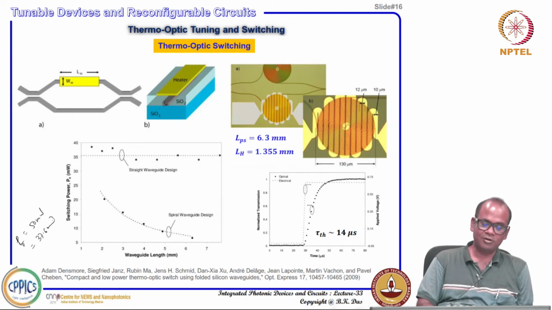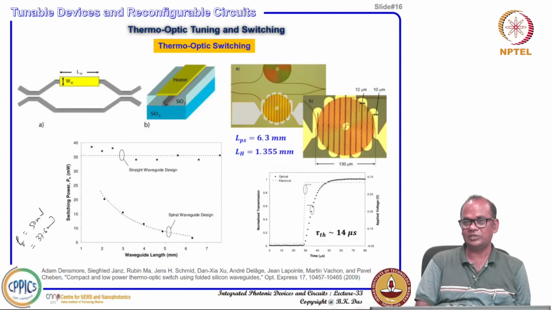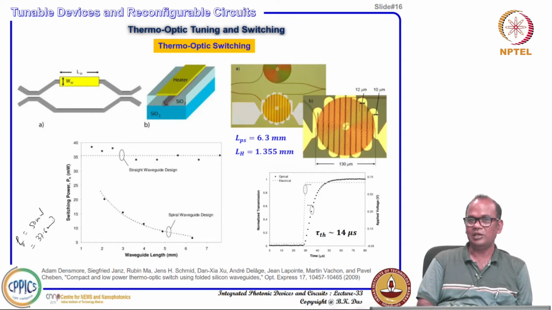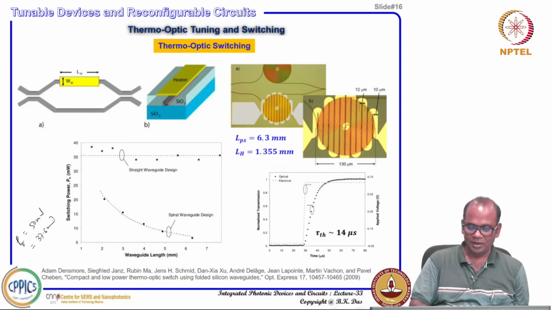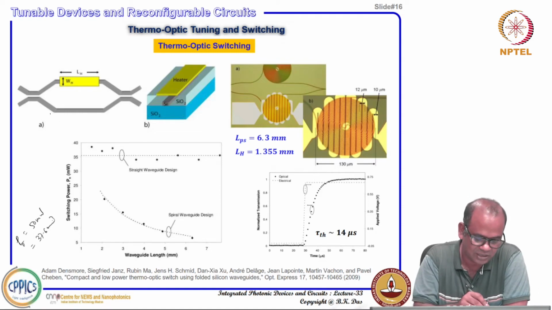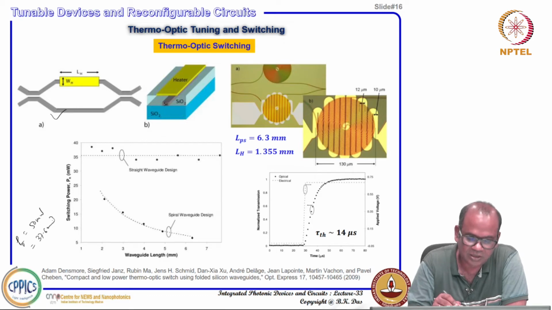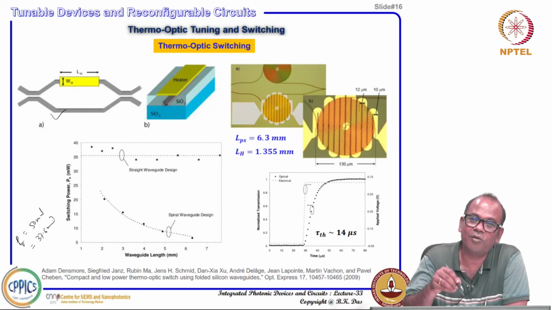Earlier it has also been shown that a balanced Mach Zehnder interferometer, designed tactfully, can give better efficiency. Not only better efficiency, you do not need to go for a very high temperature rise as well. Here, this is a typical Mach Zehnder interferometer with a type 1 microheater. That means your waveguide and then oxide, and directly on top of the oxide you deposit your microheater.